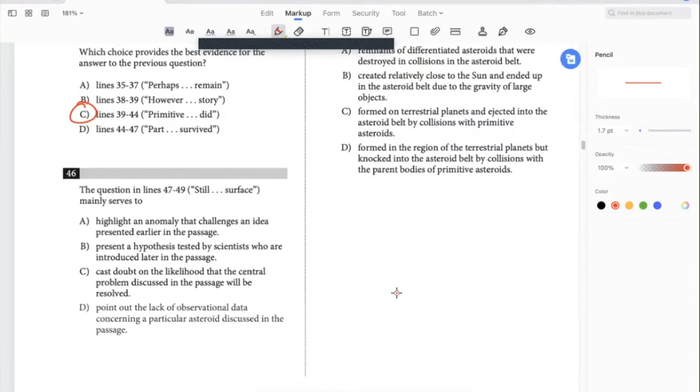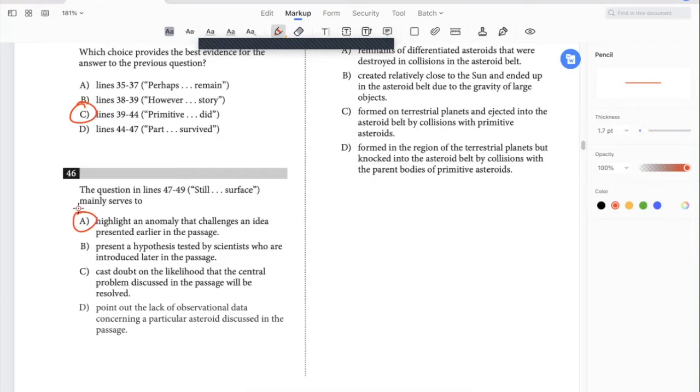Highlight an anomaly that challenges an idea presented earlier in the passage. Present a hypothesis tested by scientists who are introduced later in the passage. Cast doubt on the likelihood that the central problem discussed in the passage will be resolved. Point out the lack of observational data concerning a particular asteroid discussed in the passage.